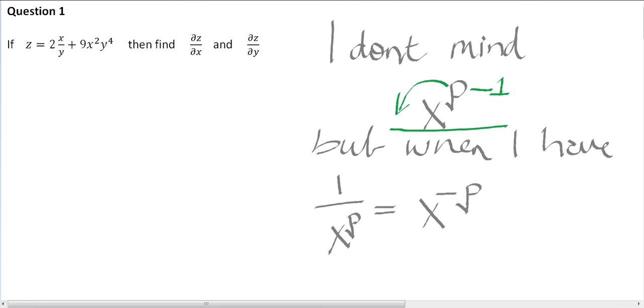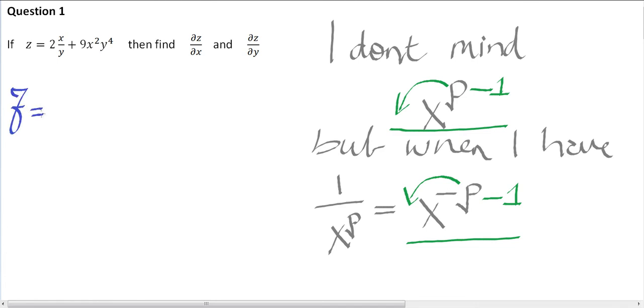Now I'm ready to differentiate, because all I do now is take that power down, so the power is minus p now, take the minus p down and then subtract 1 from it, and I'm happy enough with that. So in that z, any letter or variable that's on the bottom, I really need to take it up above the line. The only letter on the bottom of a fraction there is y, so I'm going to take him up. So what do I have?